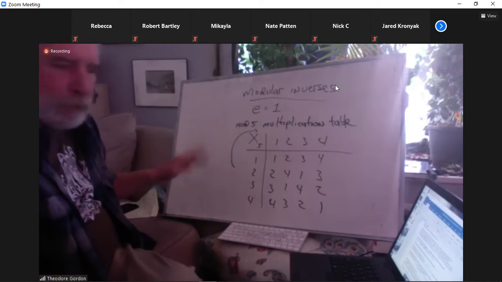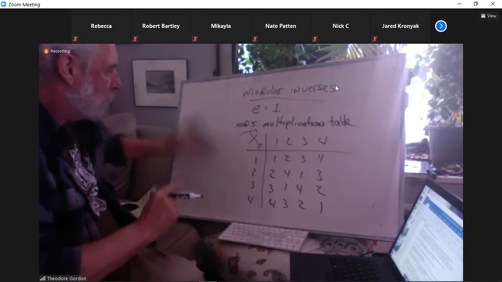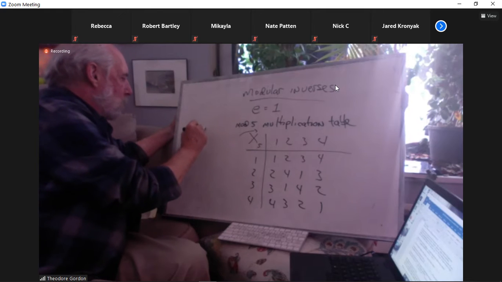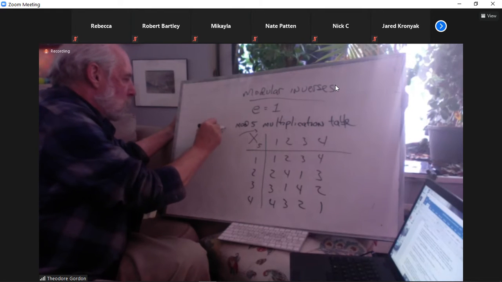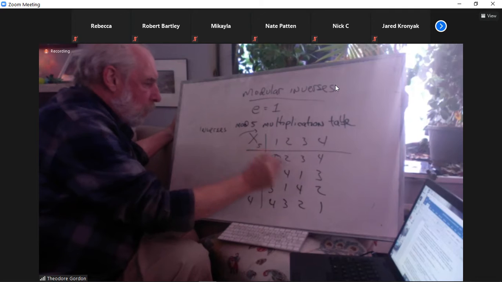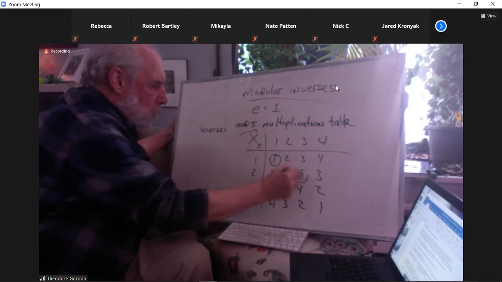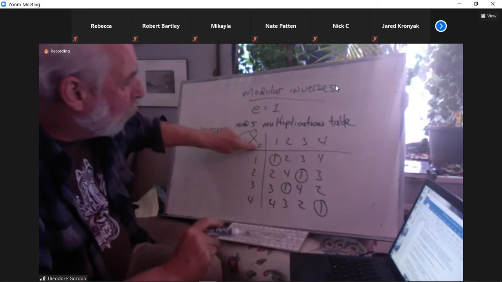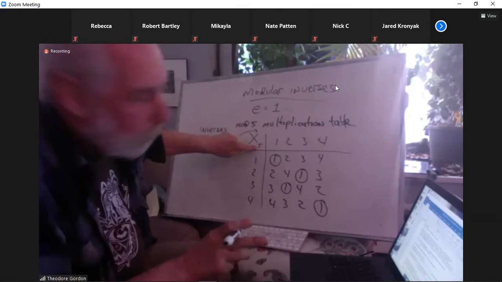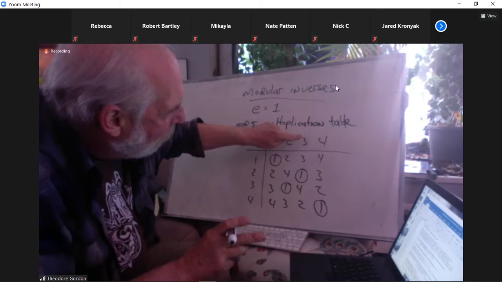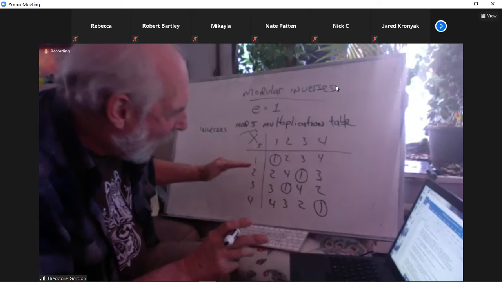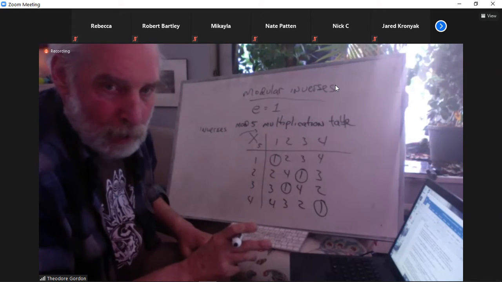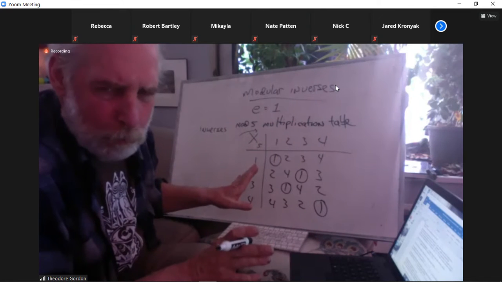So we see from this table inverses. And because we're using a prime number, the 4 elements of this system show up exactly once in every row and every column. That's why prime numbers are so important.